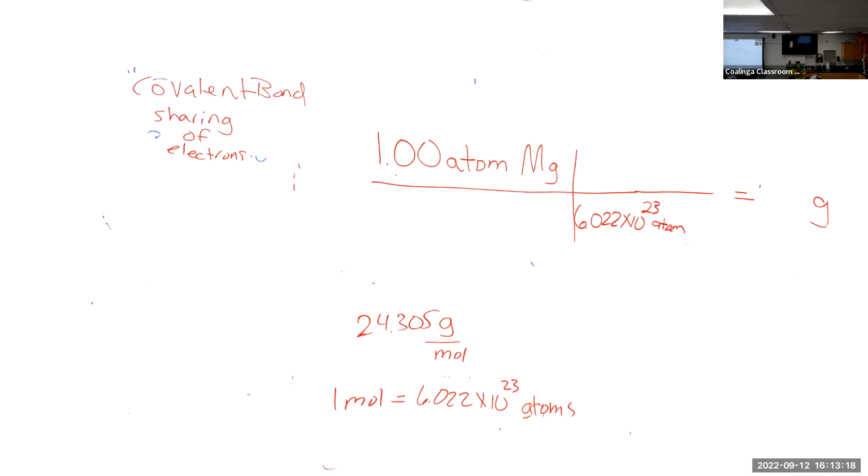So the atoms are going to cancel out. And then I have 1 mole. Right? So, and if I want to get rid of moles, and I want grams, then what else do I need? The molar mass, which we have right here. So we know 24.305 grams on top.